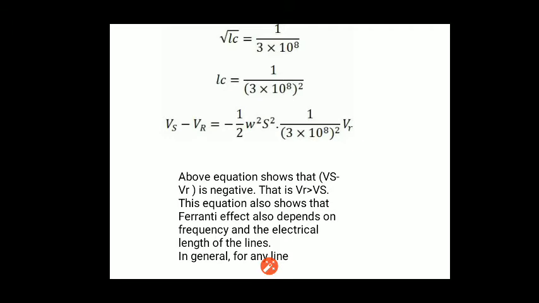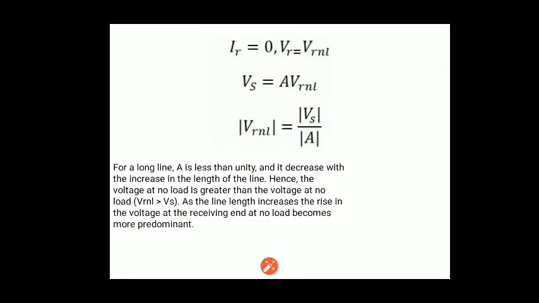This equation also shows that the Ferranti effect depends on the frequency and the electrical length of the line. In a general form, for any line with IR equal to 0 and Vr equal to VRNL, Vs is equal to A into VRNL.